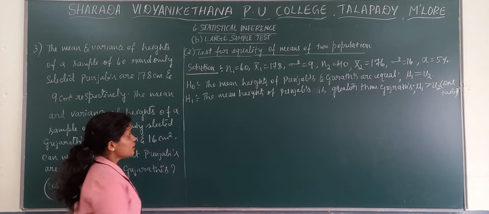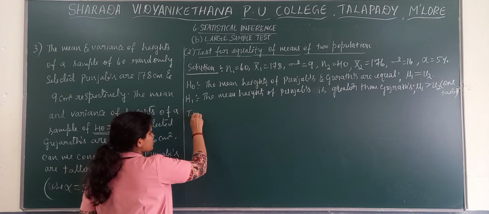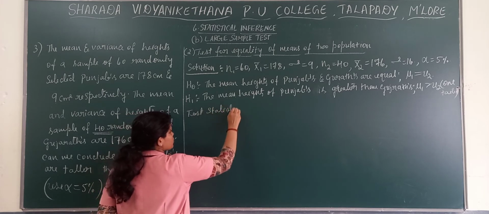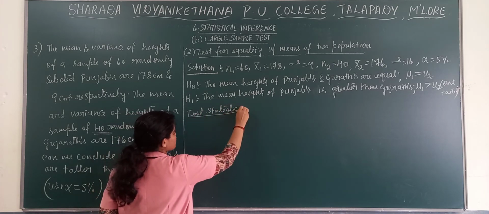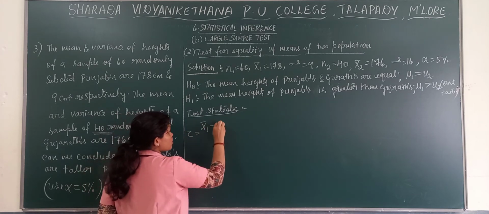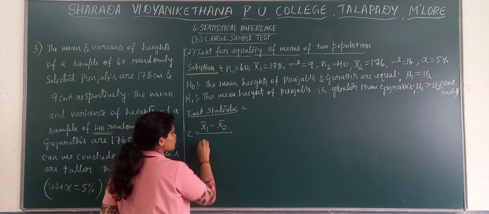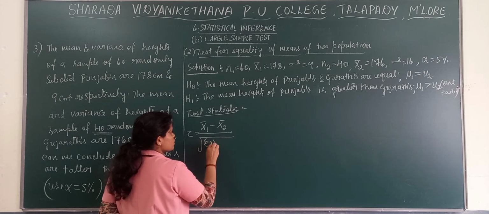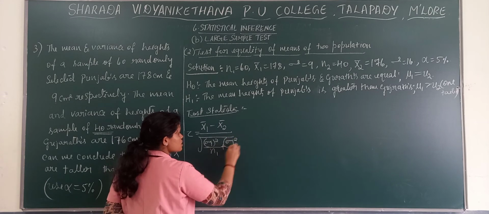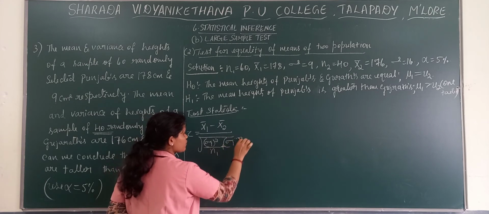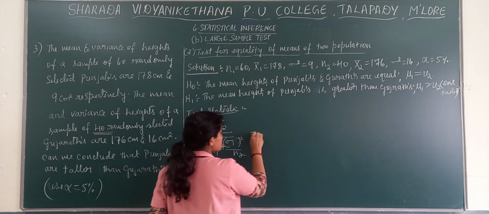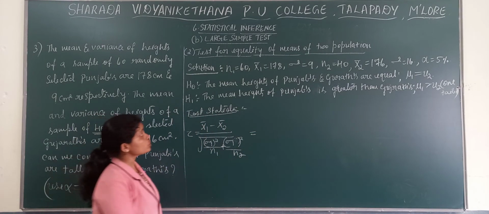Next, write the test statistic. Take the formula: x bar 1 minus x bar 2, divided by the root of the variance of the first population by n1 plus the variance of the second population by n2. Then substitute the values.